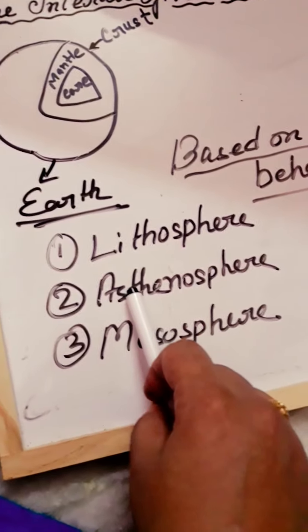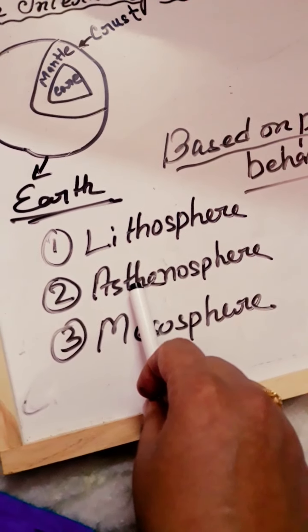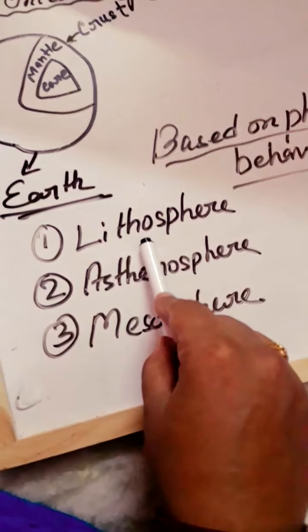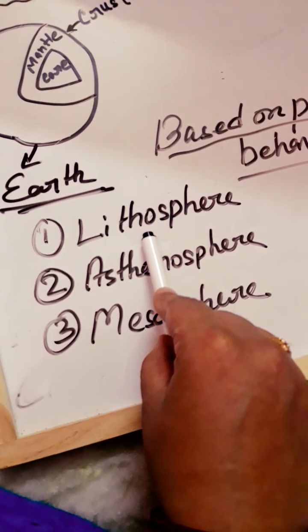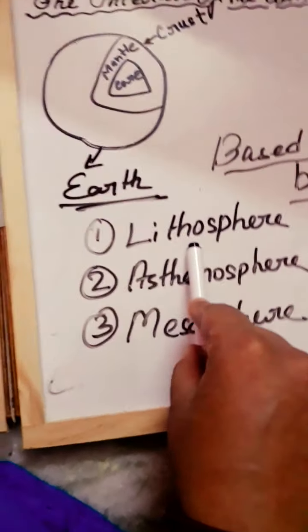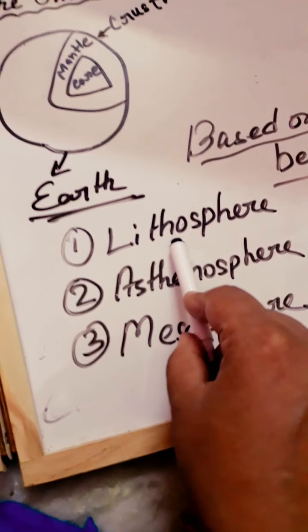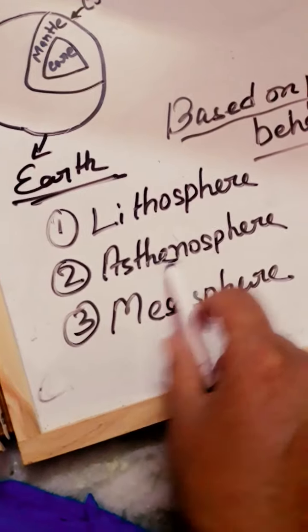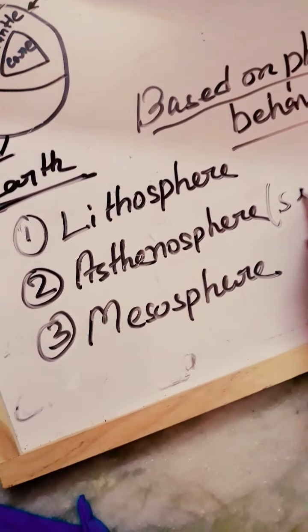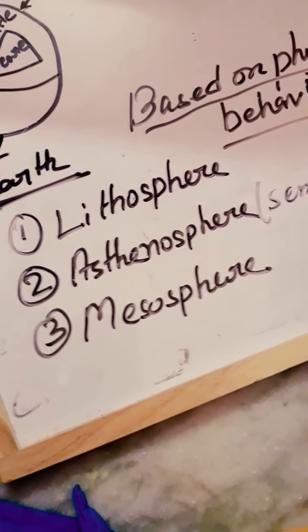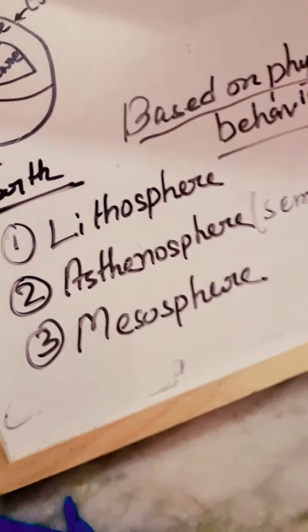The lithosphere consists of the crust and the outermost portion of the mantle. The lithosphere floats on top of a semi-liquid layer. Asthenosphere is known as semi-liquid. Why semi-liquid?